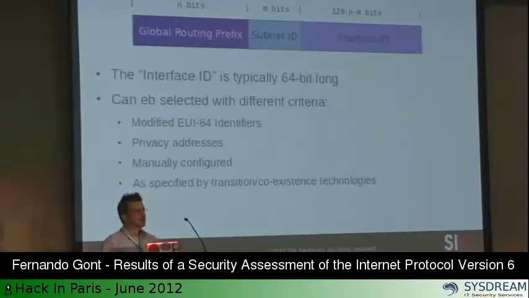So one of the possible approaches for selecting an interface ID is to embed the link layer address of the network interface. Essentially what you do in that case is take the MAC address of the network interface card and include that address in the interface ID.